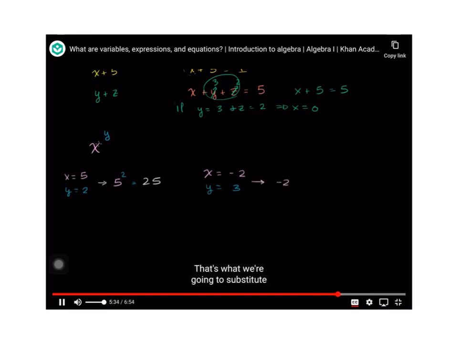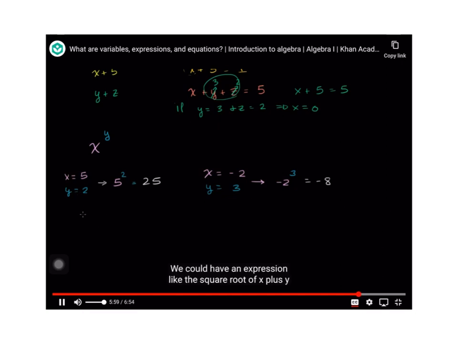That's what we're going to substitute for x now in this context. And y is now 3, so negative 2 to the third power, which is negative 2 times negative 2 times negative 2, which is negative 8. Negative 2 times negative 2 is positive 4, times negative 2 again is equal to negative 8. So you see, depending on the values of these variables, we could do even more complex things.